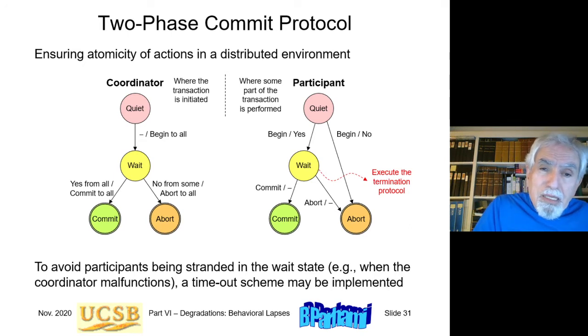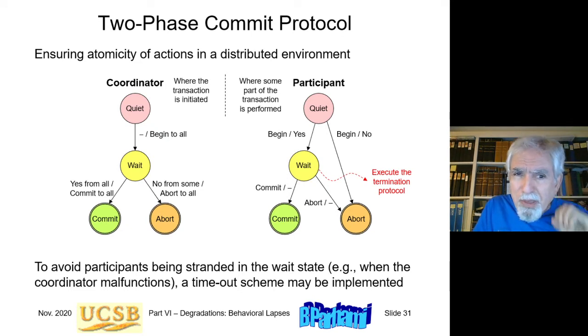Practically speaking, we can achieve this by something called the two-phase commit protocol. A two-phase commit protocol is when you have a bunch of sites, one of them designated as coordinator, although the coordinator can be any one of the sites.